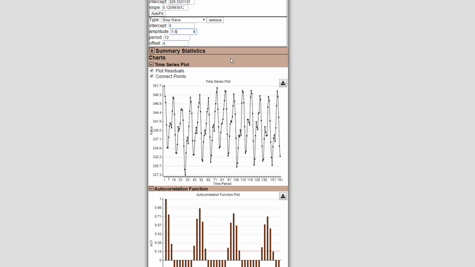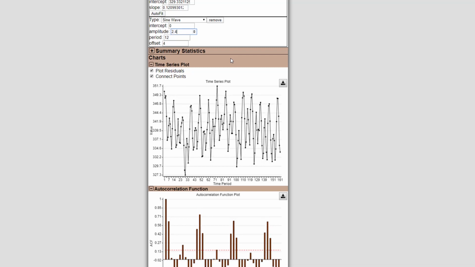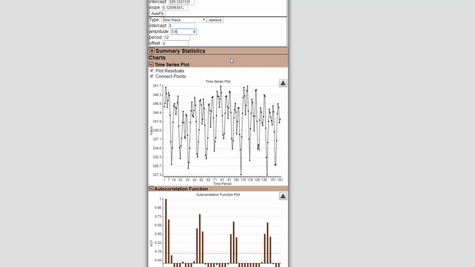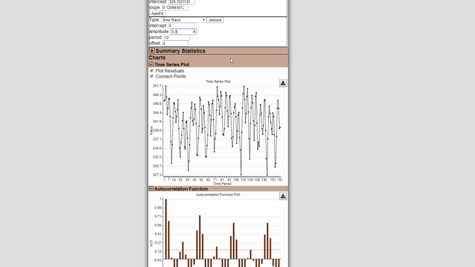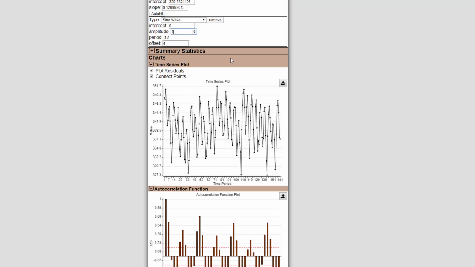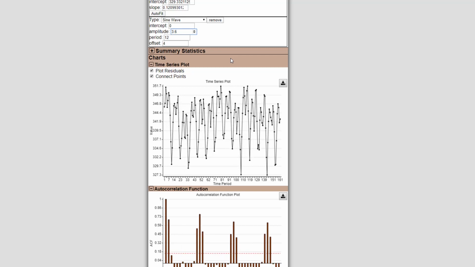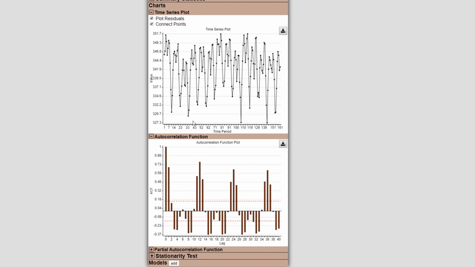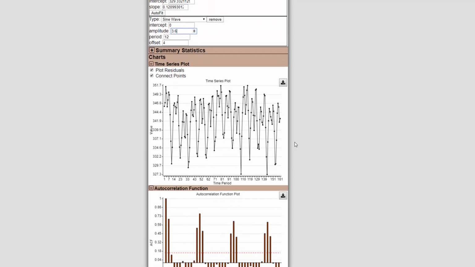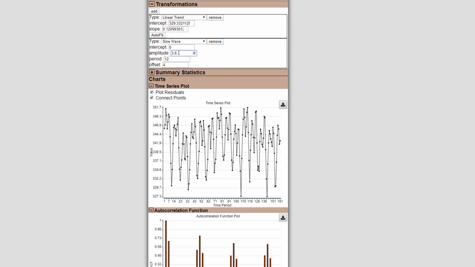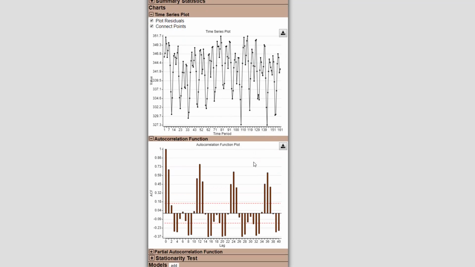The amplitude, I want to move up a little bit until, let's see if this takes care of a lot of this. It doesn't fully take care of my correlation problems. Let's see. You can see that we still have a lot of autocorrelation every 12 time steps.